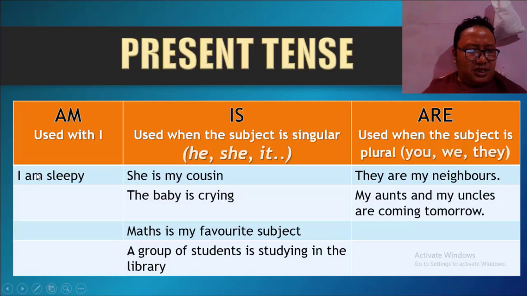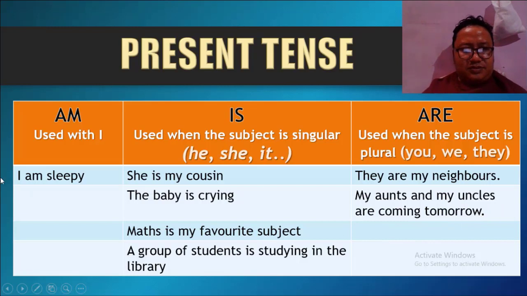I am sleepy. She is my cousin. Maths is my favorite subject. A group of students is studying in the library. And what about are? They are my neighbors. My aunts and my uncles are coming tomorrow.